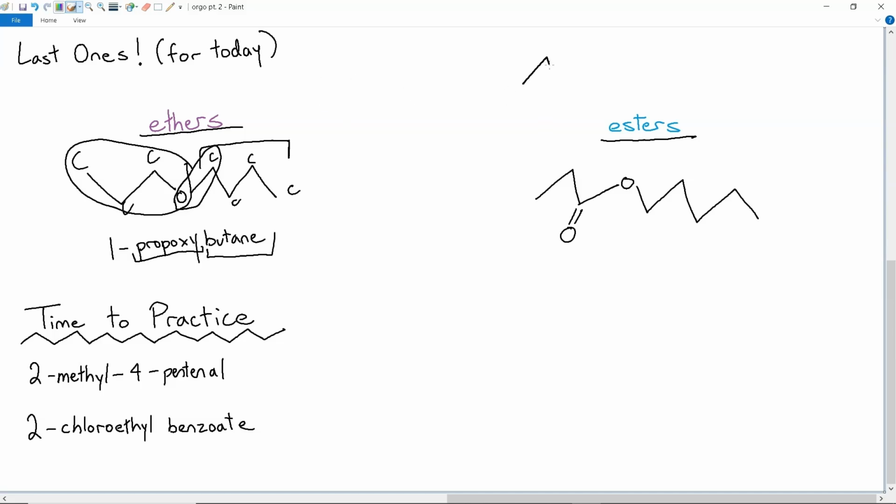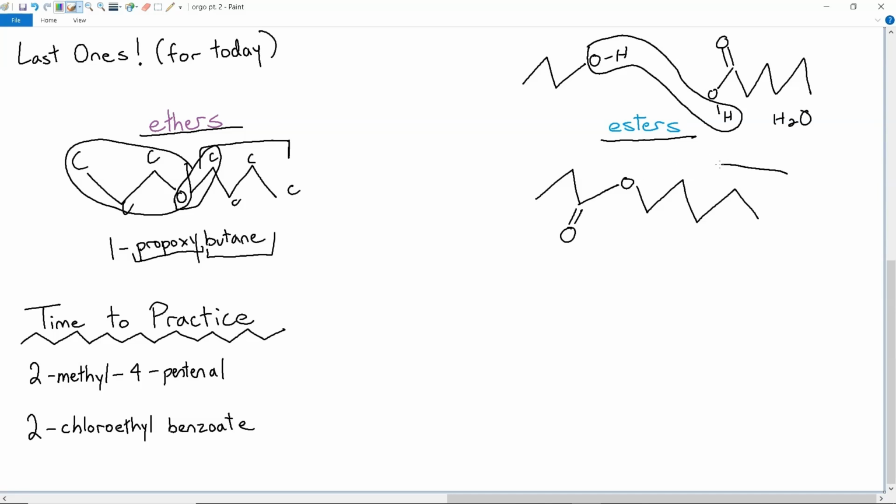So if I draw out an alcohol here and a carboxylic acid, what happens is we have 1 oxygen and 2 hydrogens coming together. Those elements are going to form water. And what we have left over is something that looks like this.